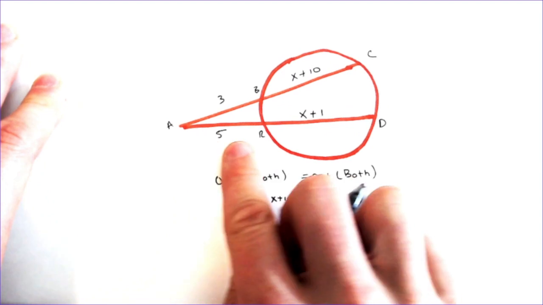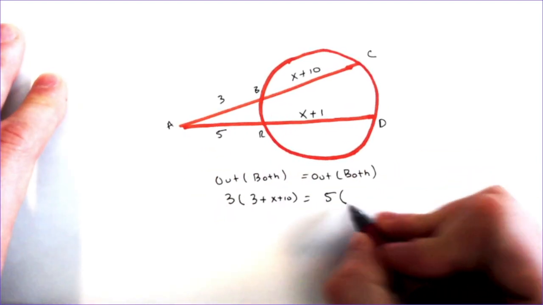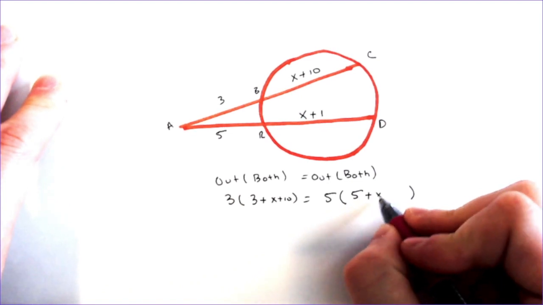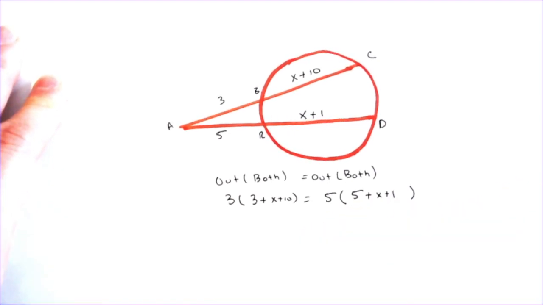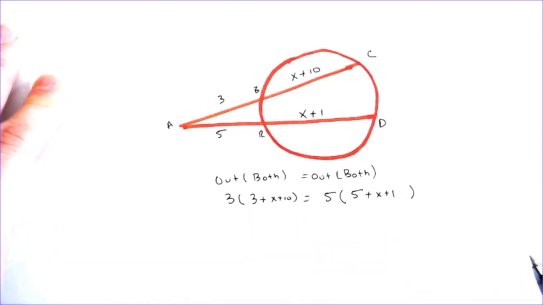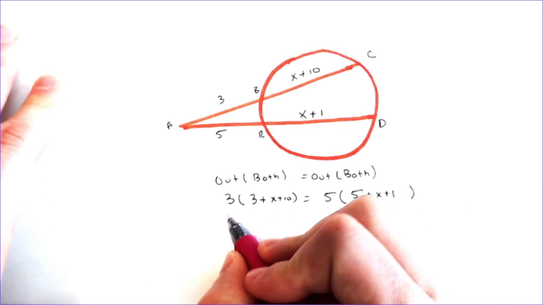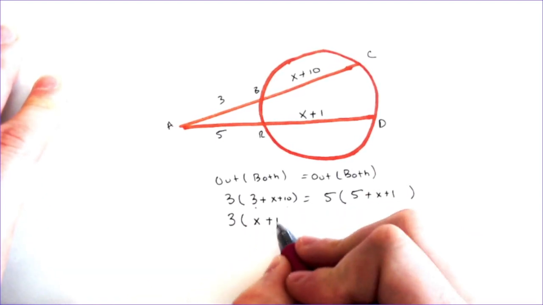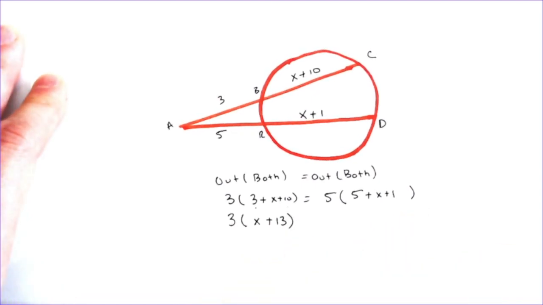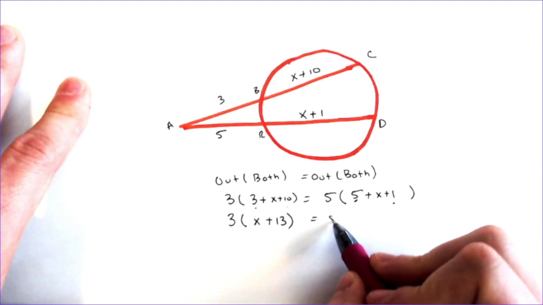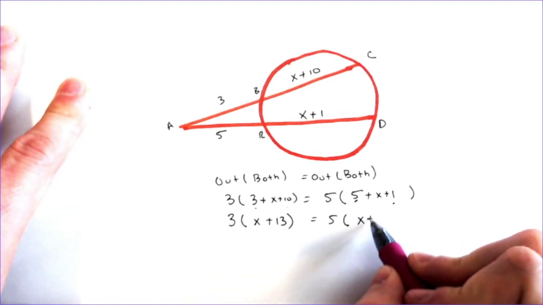And on the outside here we have 5 times both of them, which would be a 5 and an x plus 1. So we have to combine like terms here. We could distribute in the beginning, but I don't like to. So 3 and 10 combine to make 13, and this 5 and that 1 combine to make 6.